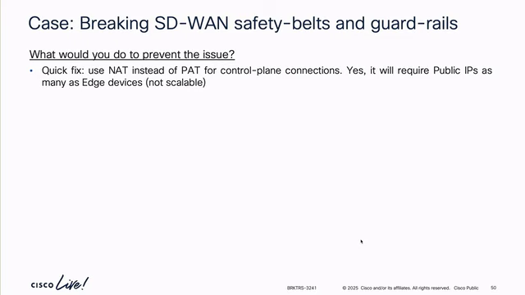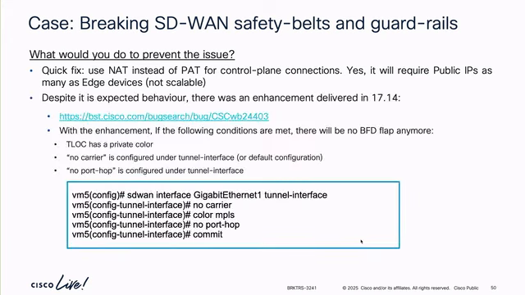So option number one, which is not commonly feasible, is to use NAT instead of PAT. But that basically means you need to have multiple public IP addresses for every remote location, which is not always feasible for obvious reasons. The other option is to use a new feature delivered in version 17.14.